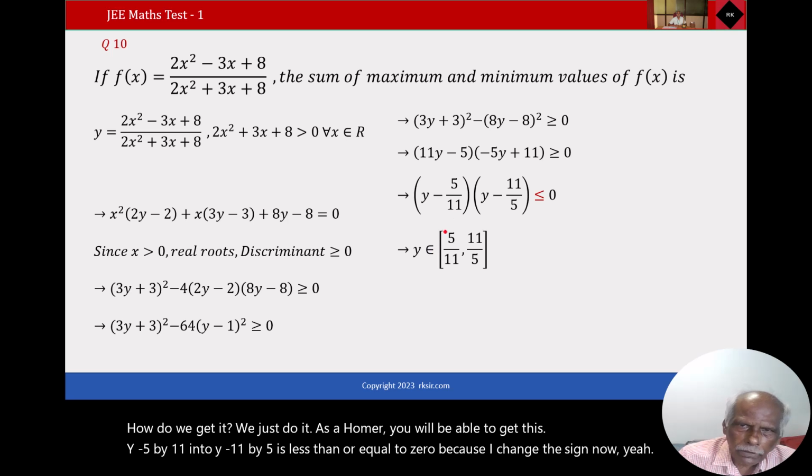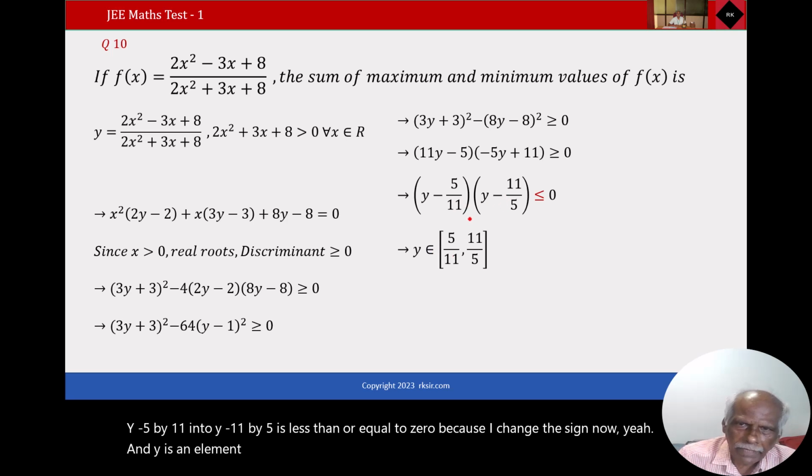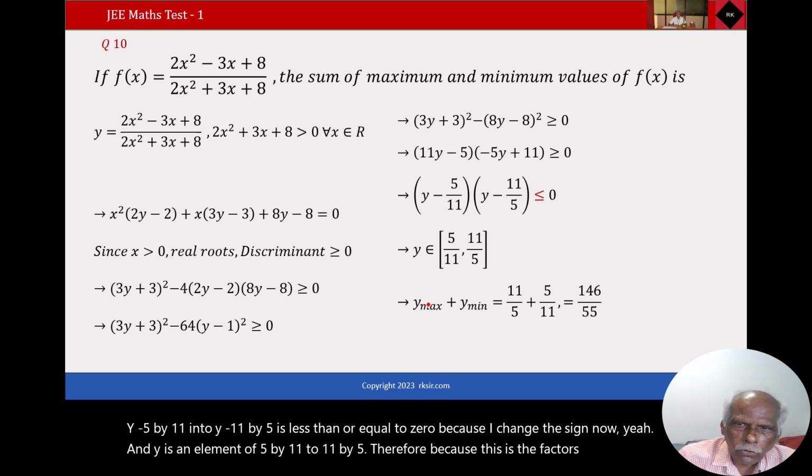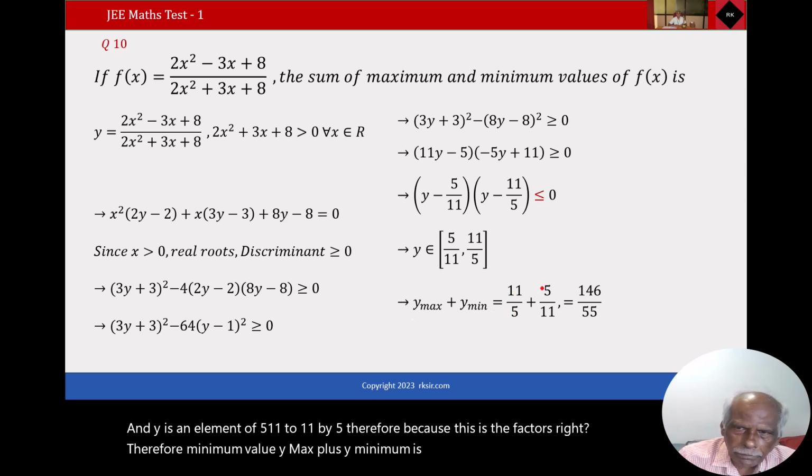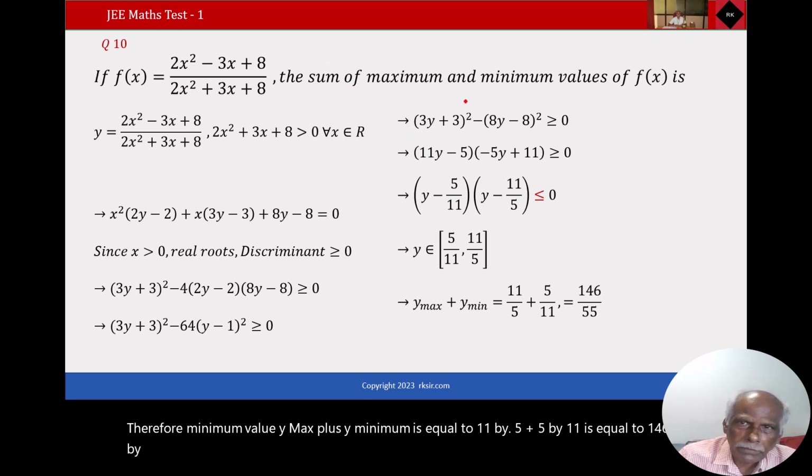And y is an element of [5/11, 11/5], because these are the factors. Therefore, y max plus y min is 11/5 + 5/11 = 146/55. The sum of the maximum and minimum values is 146/55.